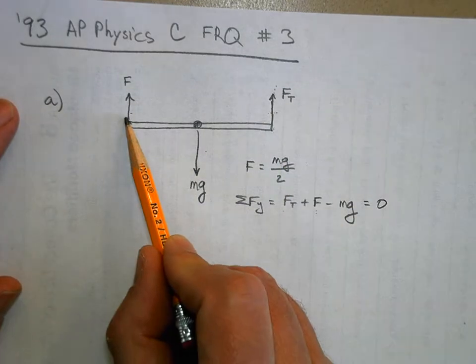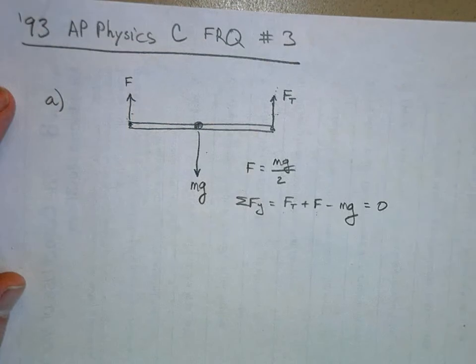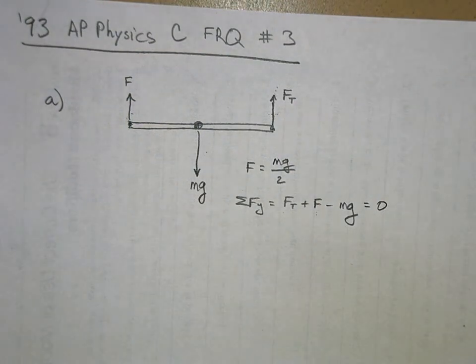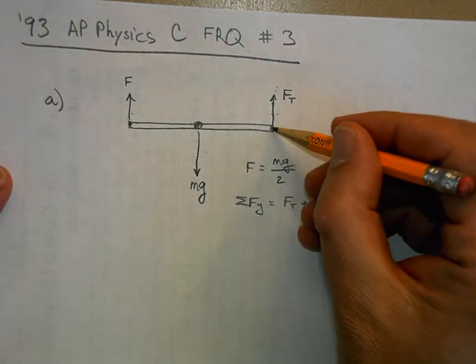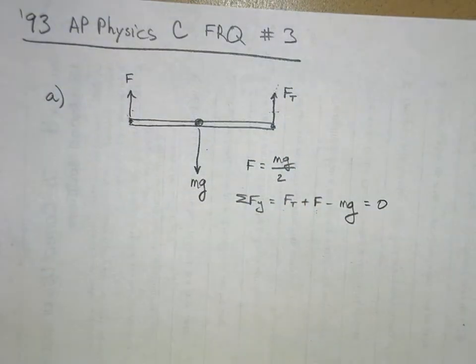I'm trying to find this force. So pick your pivot point to be where the unknown that you don't care about is, because then it's not in your equation. Does that make sense? By choosing your pivot point to be where one of the unknown forces is located, you've eliminated it from your torque equation. Isn't that sweet?